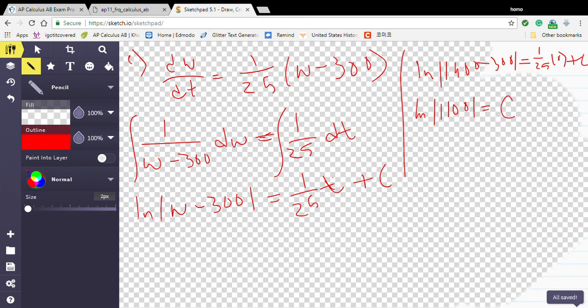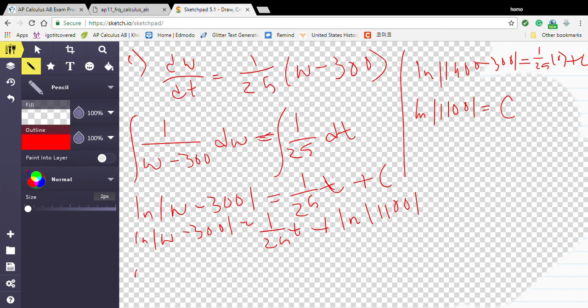Now we can plug in C to get W. Natural log of W minus 300 equals 1/25 t plus natural log of 1100. So we raise both sides to e, and we get rid of the natural log.